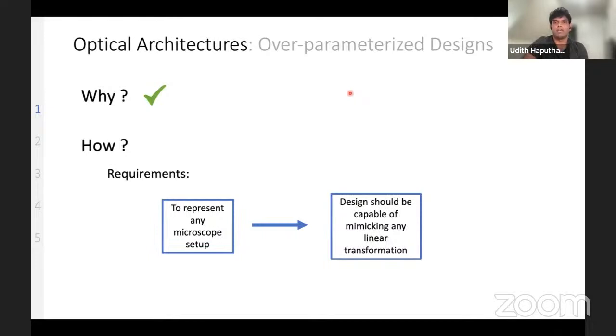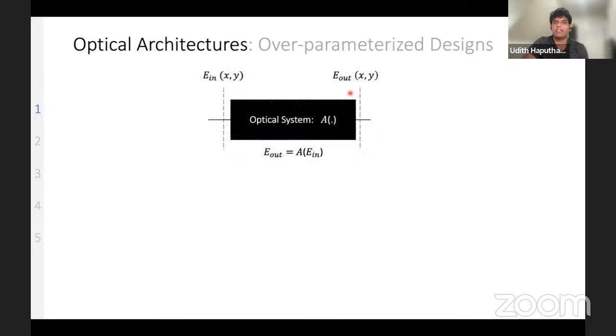In order to do that, we need to ensure our design is capable of mimicking any linear transformation. We found a few mathematical papers that discuss this type of aspect, where a system has a linear transformation A between the input complex field E in and the output complex field E out.